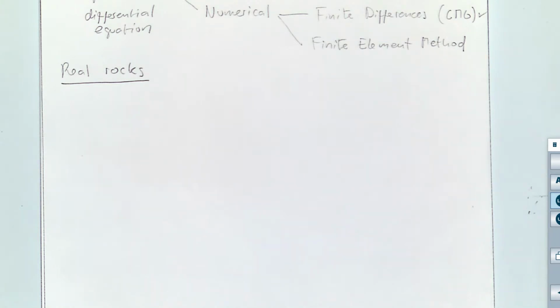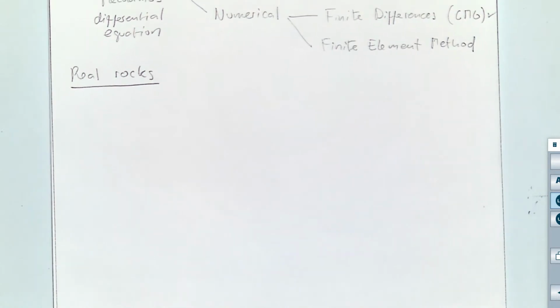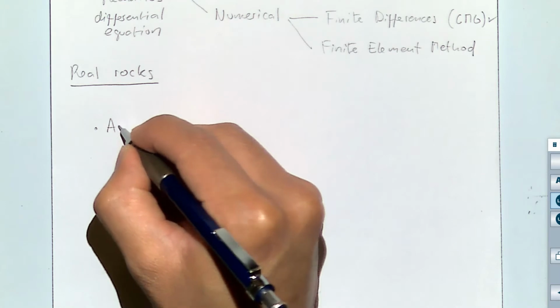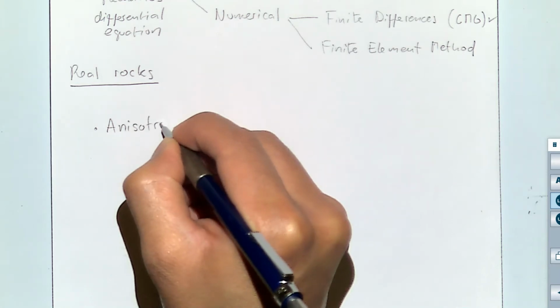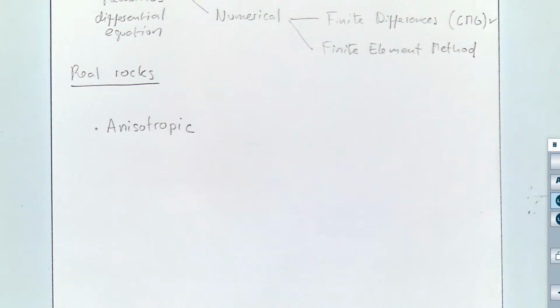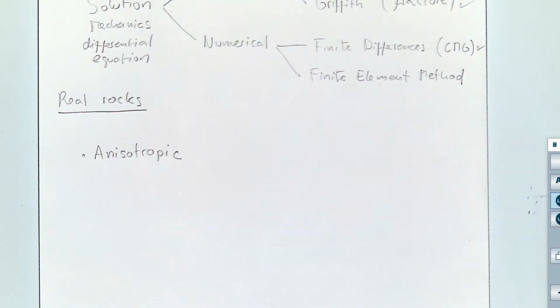And real rocks are not like that. First of all, real rocks are anisotropic. What does it mean, anisotropic? And I talk especially about the mechanical properties.